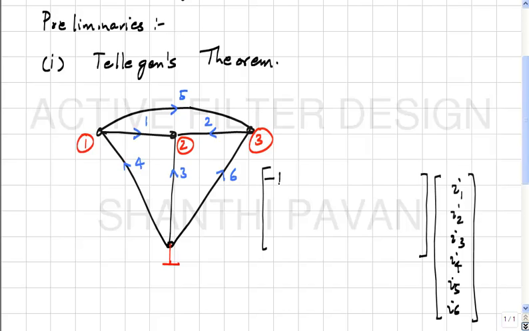Minus I1, I2 doesn't show up. What about I3? 0, I4 1, I5 minus 1 and I6 0, right? Okay, so this must be equal to 0, isn't it?